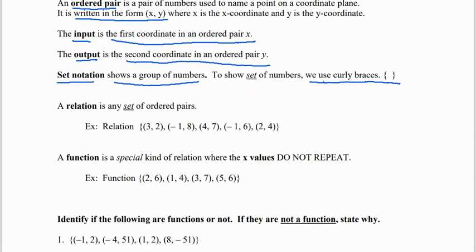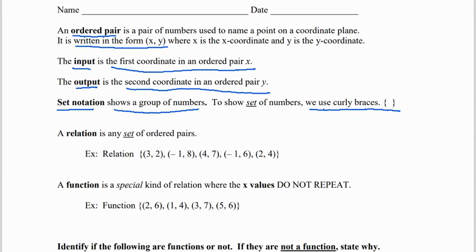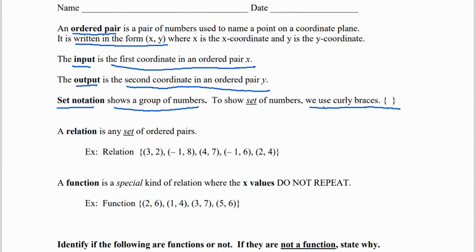Two really important vocab words for the whole unit are a relation and a function. A relation is just any set of ordered pairs.